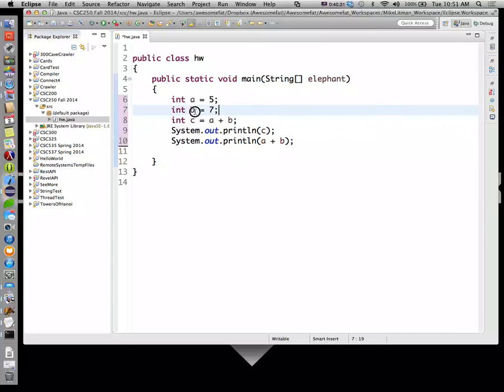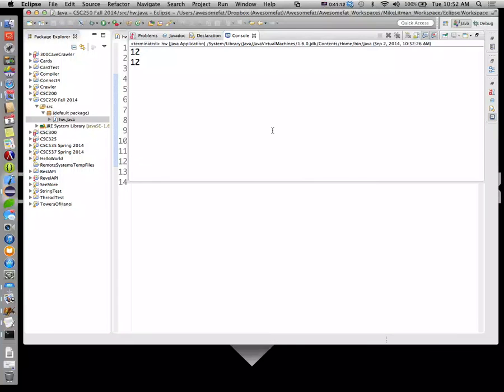What's the value of b? 7. What's the value of c? 12. If I print out c right here, what's it going to print? 12, because it resolved the value stored within the variable c. What's going to print out here? 12 as well, but it got to the 12 differently. It resolved the value stored in a, resolved the value stored in b, added them together because we gave it the addition operator, and then gave us the result, which is 12. 12 and 12.